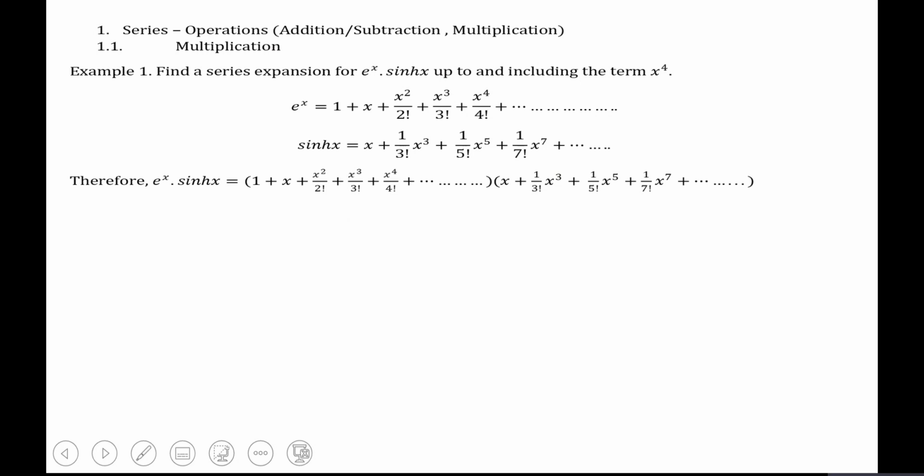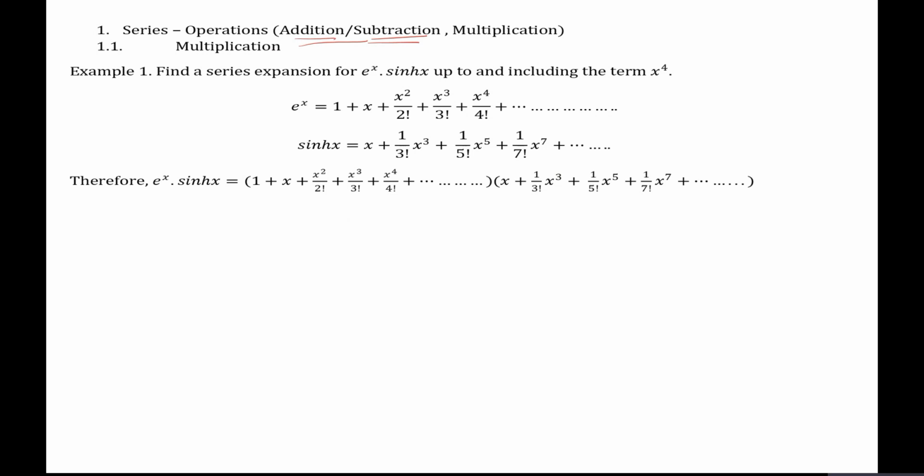Now we can look at the operations of series. What do I mean by operations? Very easy. How do you go about adding, subtracting series expansion? Now, I think that's going to be fairly straightforward. Your addition and subtraction of series is simply adding or subtracting like terms.